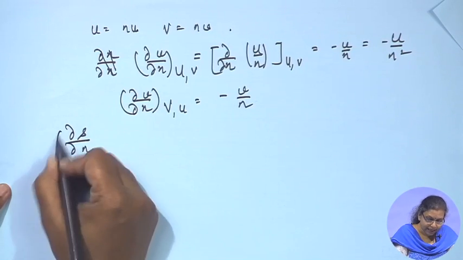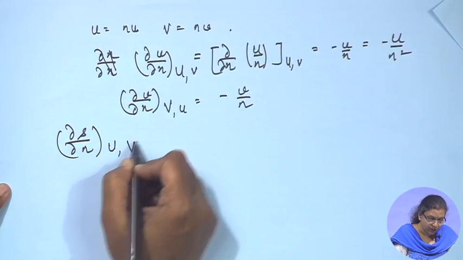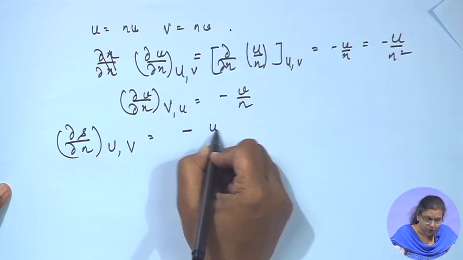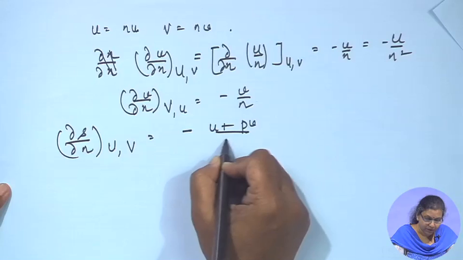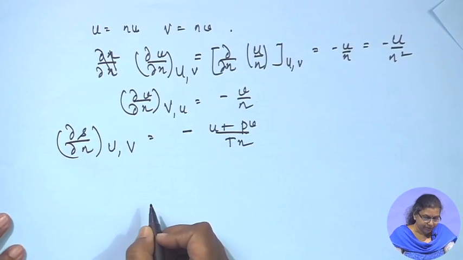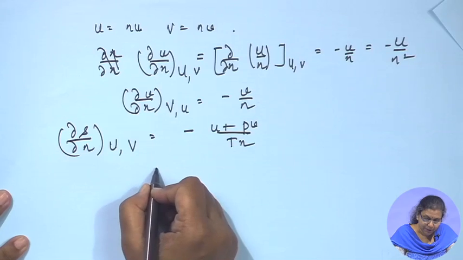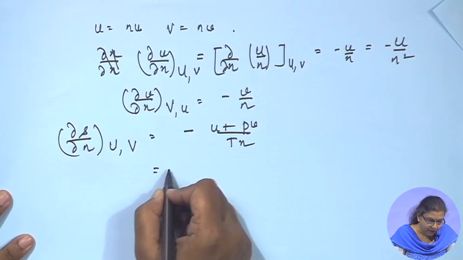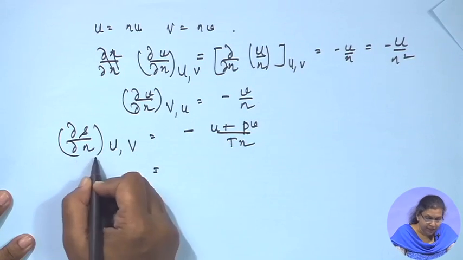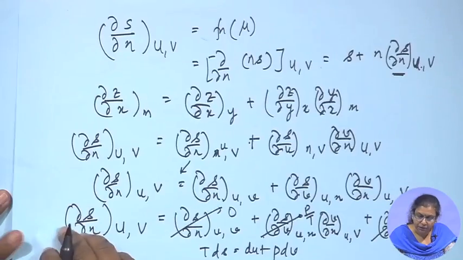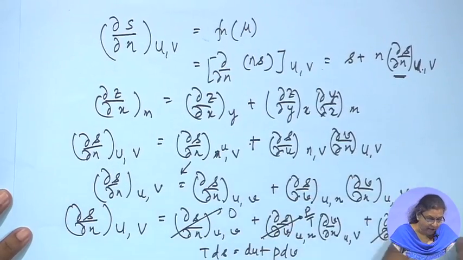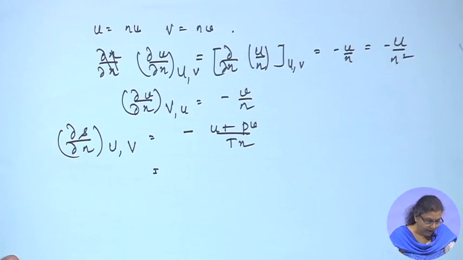Del S del N at capital U V is nothing but equal to minus of U plus PV by Tn. From there what do we get? If we substitute this particular term in the first equation that we have, then finally what do we arrive at?